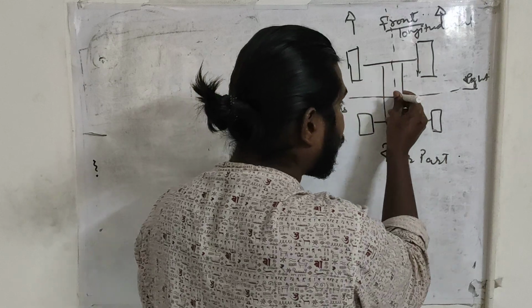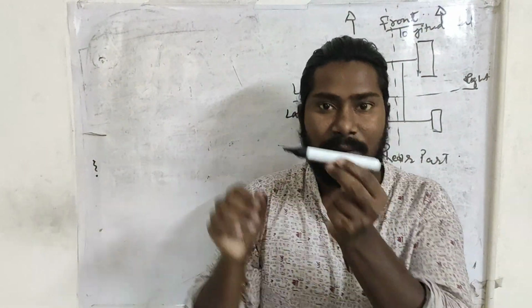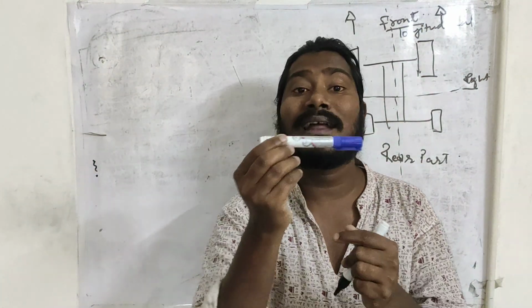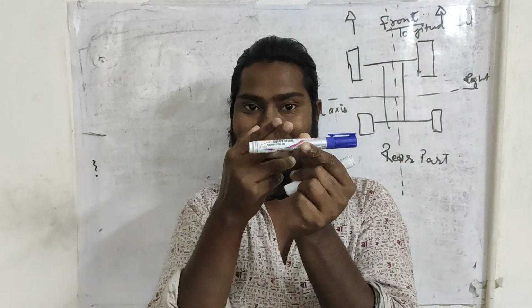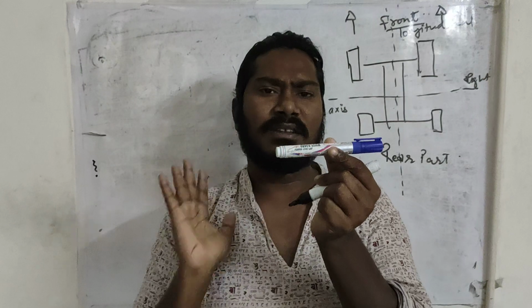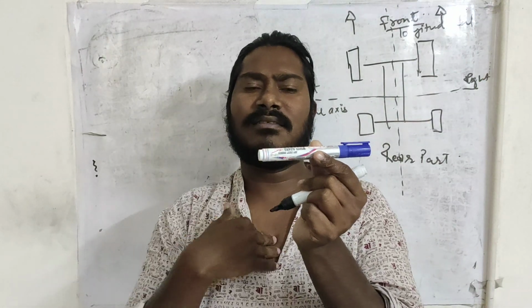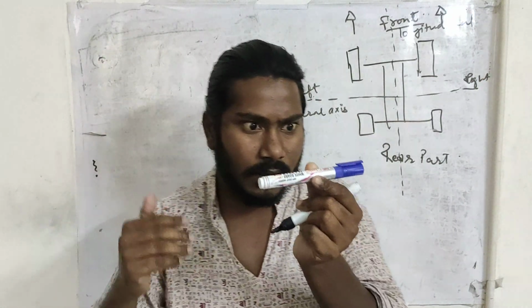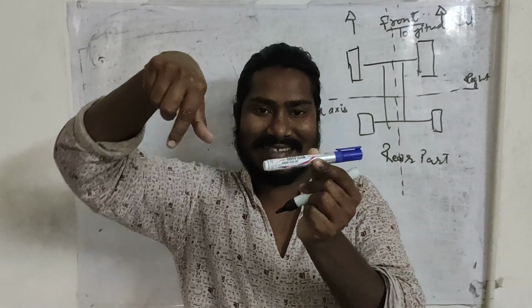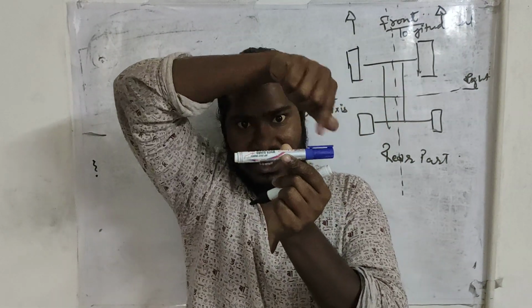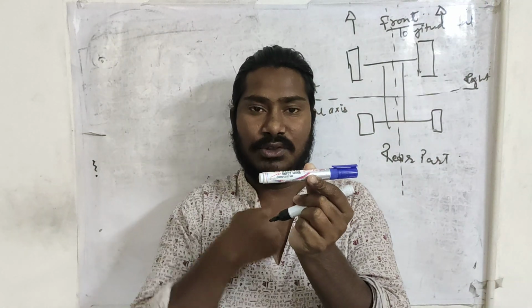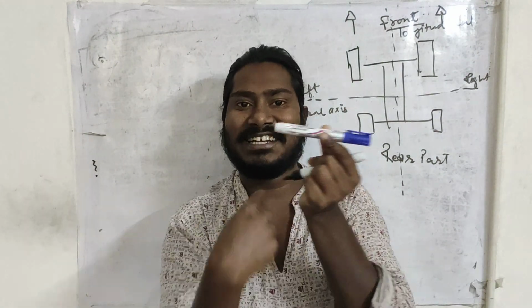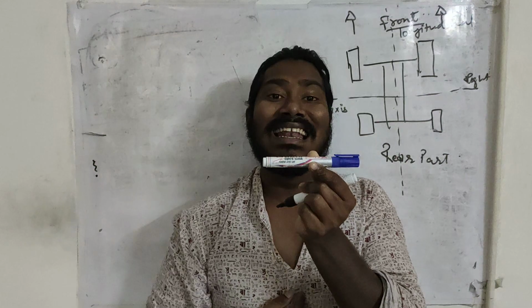If this blue marker is my vehicle, the axis passing through front to rear end is the longitudinal axis. The axis passing across me, through me and you, in this direction, is the lateral axis.